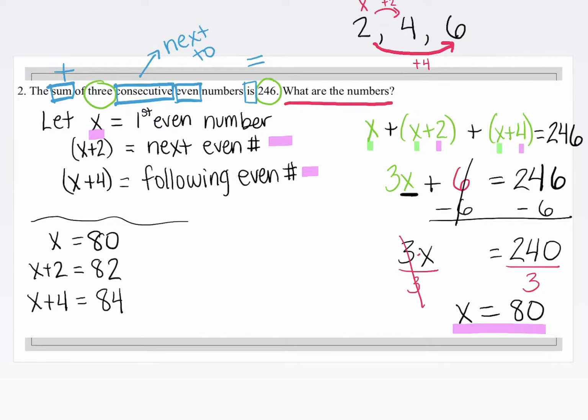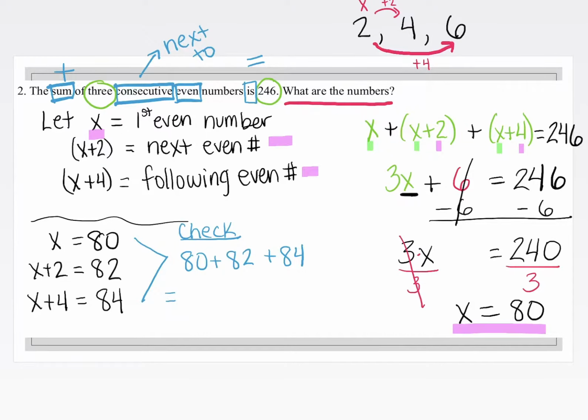Now let's check to make sure when we add these 3 consecutive even numbers together, we get our sum of 246. So 80 plus 82 plus 84.